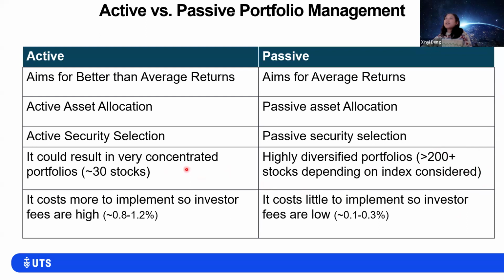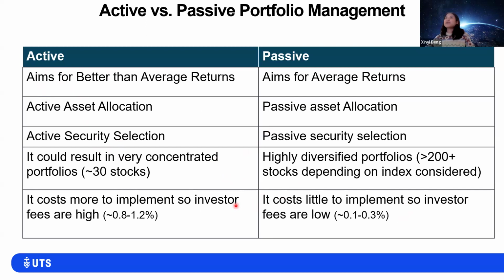And what about the transaction costs of those two methods? For the active portfolios, they tend to have high transaction costs because portfolio managers are always looking for trading opportunities, right?